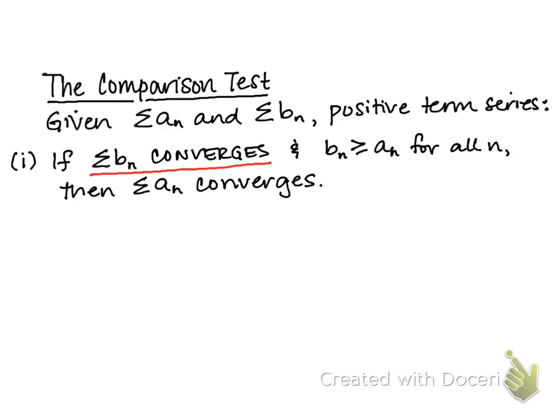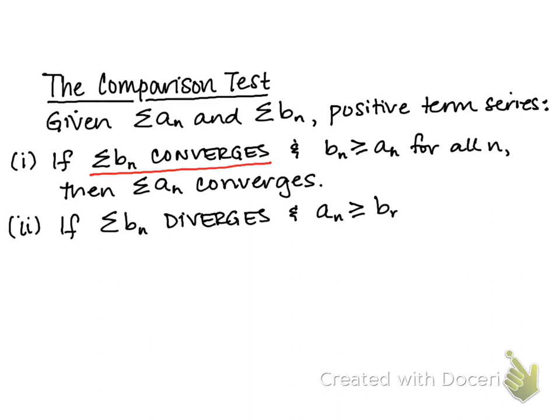Okay, so then the corollary to that would be, if the series of b sub n diverges and every a sub n term is greater than every b sub n term for all n, then the series a sub n must also diverge.